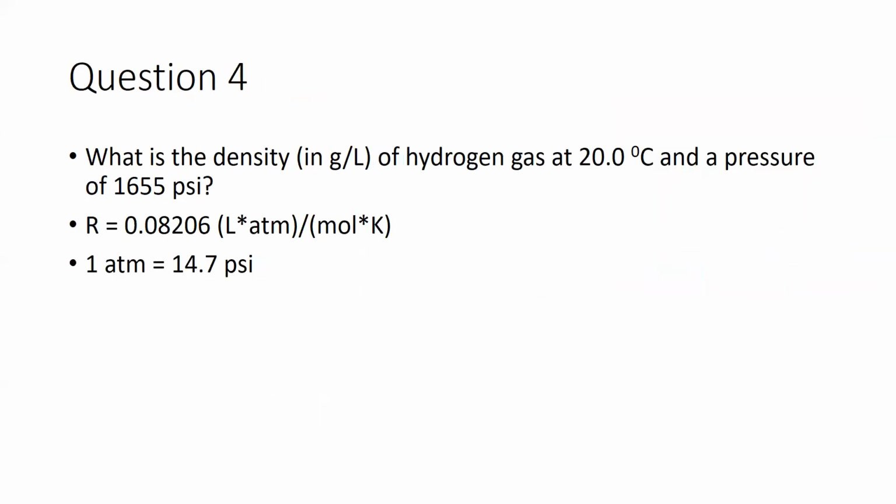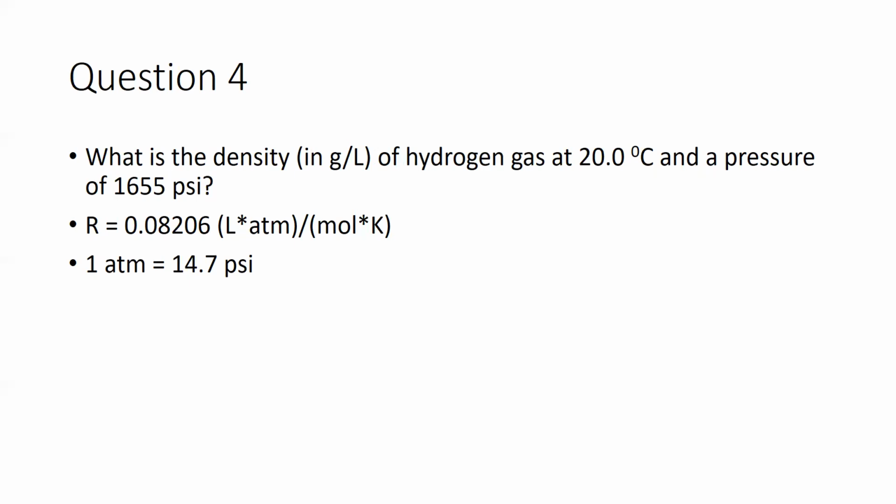So the last question that we're going to look at is, what is the density of hydrogen gas at 20 C and a pressure of 1,655 psi? I give you the conversion from atmospheres to psi right there.